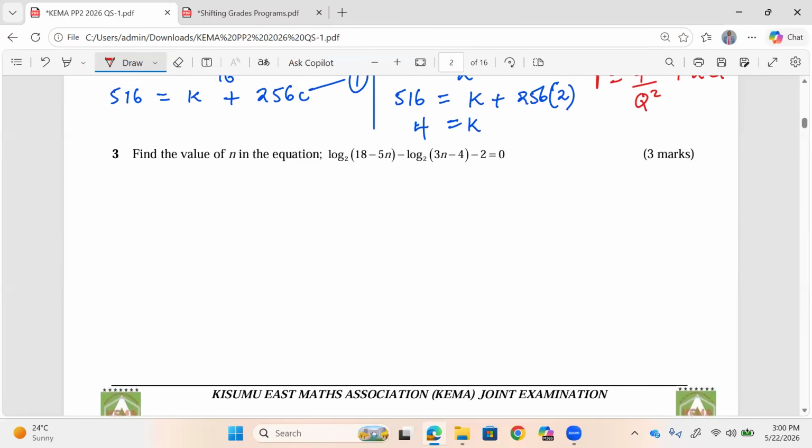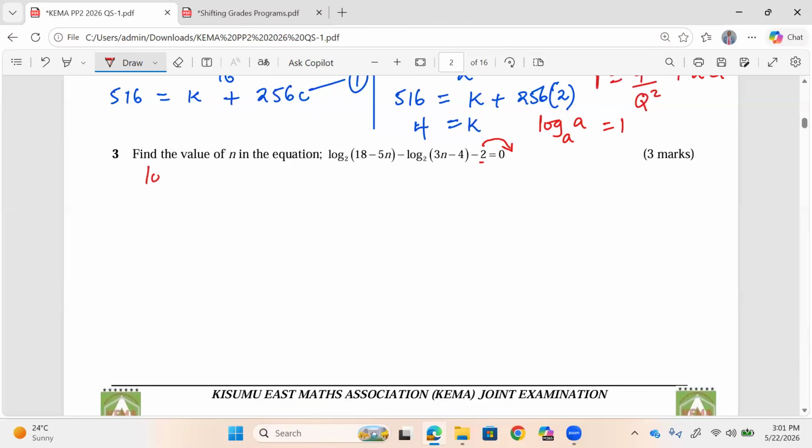There are many laws of logarithms that we're supposed to introduce for us to navigate through a question like this. One, when you see a constant like this, you consider the base that has been used. Then you apply the rule that says the logarithm of a number to the same base equals 1, meaning that we can introduce the logarithm of 2 to base 2 in this question, but allow me first take the 2 to the right hand side to become positive.